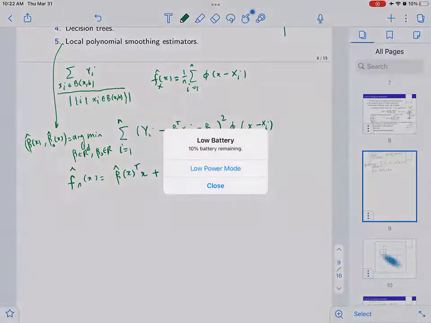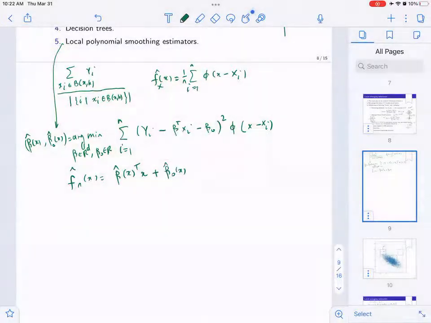Actually, no. I believe it is still valid, because the solution would be a linear function of the y_i's, and the weights would depend on the x's. But it's worth checking whether it follows this or not.